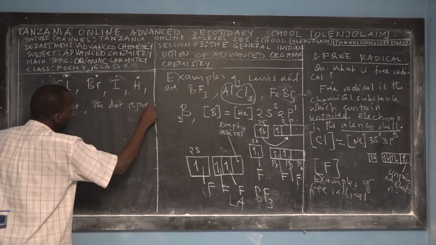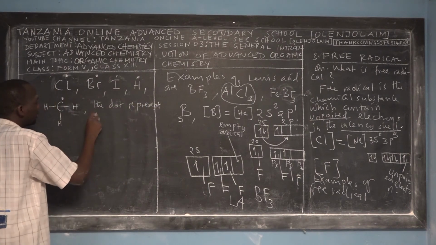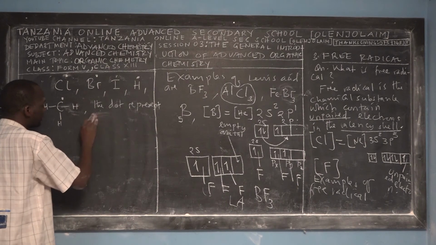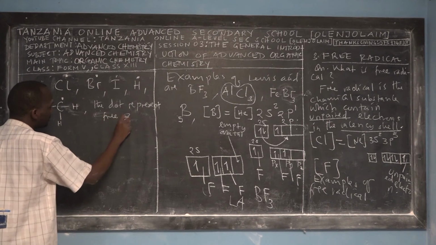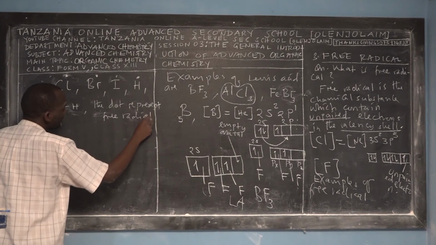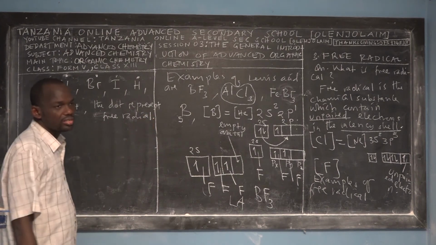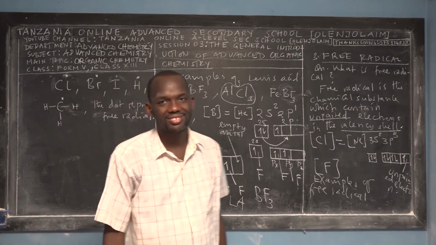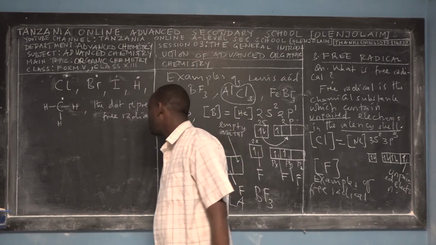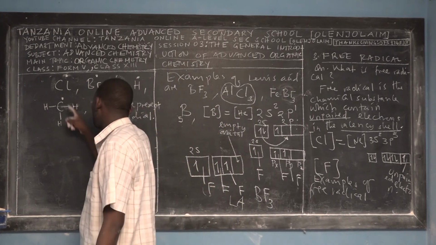represents the free radical. So the dot represents what? The free radical.